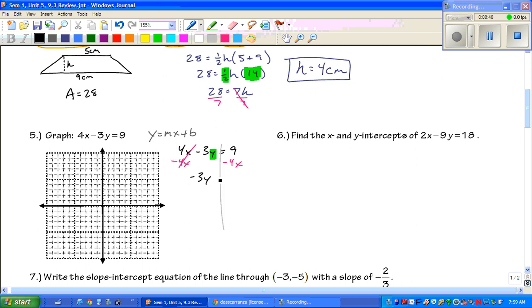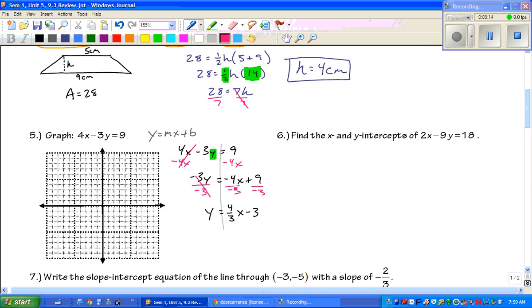We cannot combine them. So it's negative 4x plus 9. Divide everything by negative 3. And we get y is equal to 4/3, because 2 negatives make a positive when you're dividing, x. And a positive divided by negative is a negative.